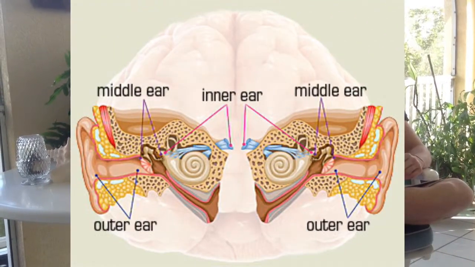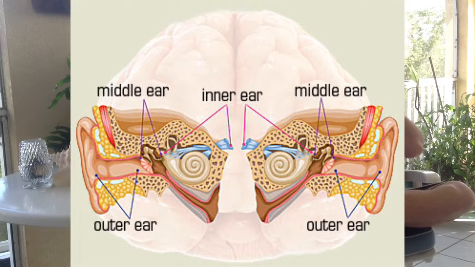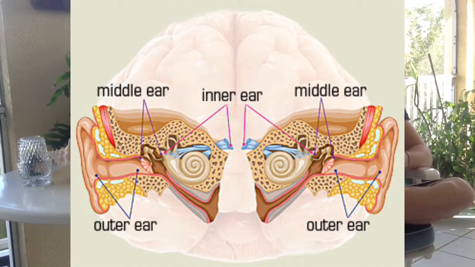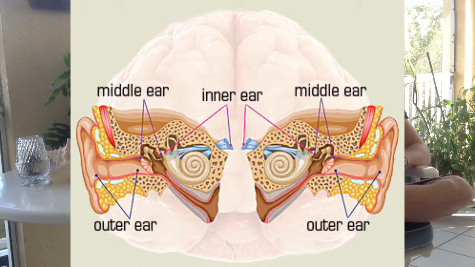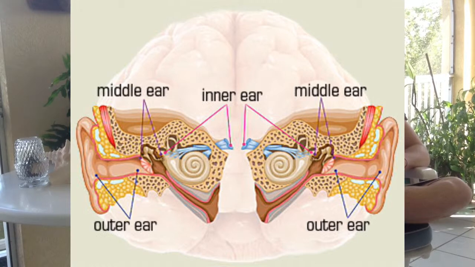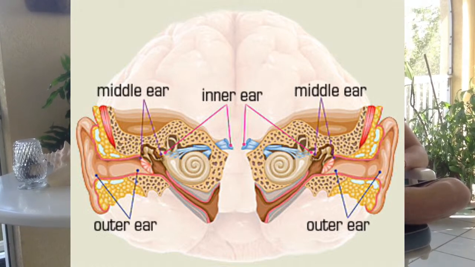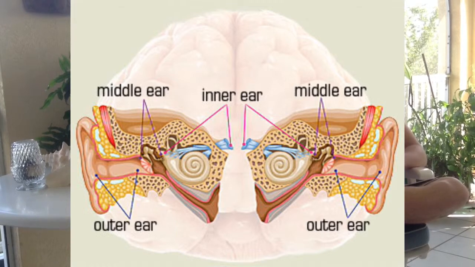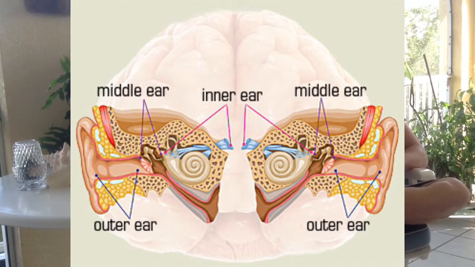From there, this vibration resonates in the cochlea's fluid, moving across its basilar membrane, bending over the hair cells which line its surface. From there, this sound is transported through the auditory nerve to your brain's auditory cortex, a region of the temporal lobe found slightly above your ears.